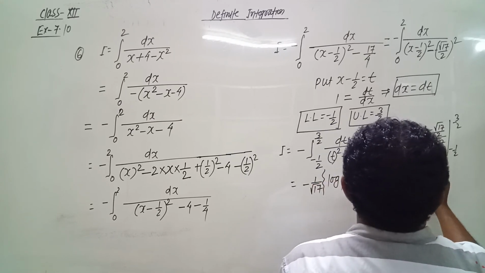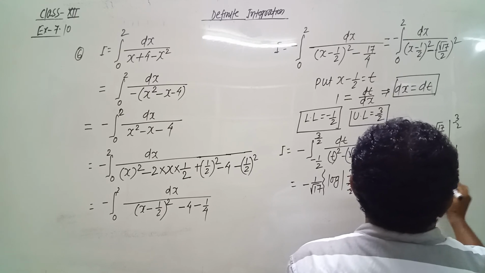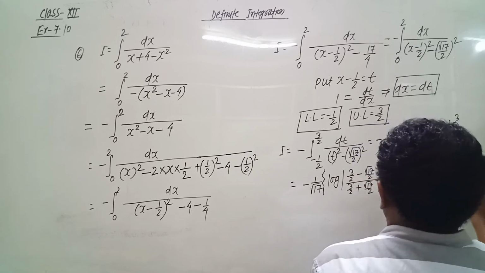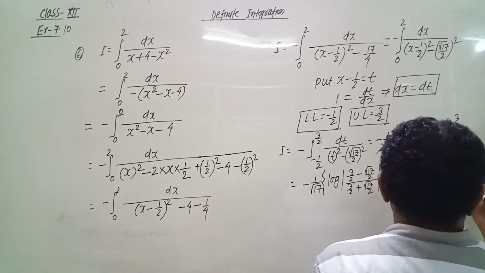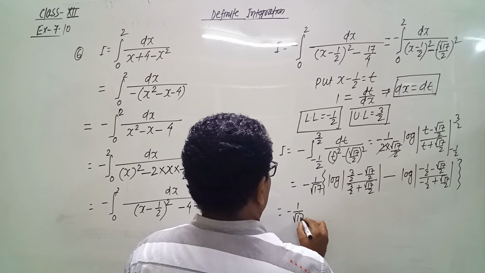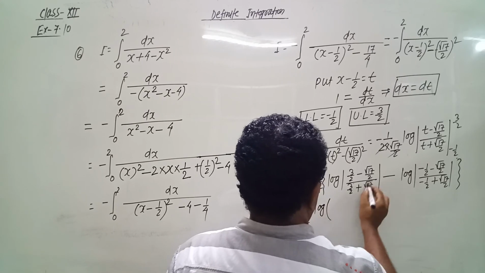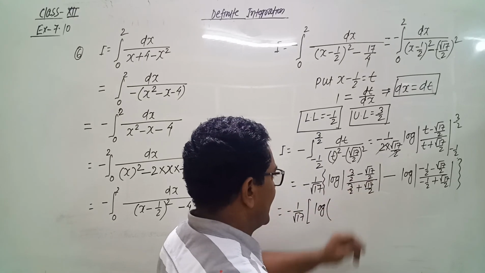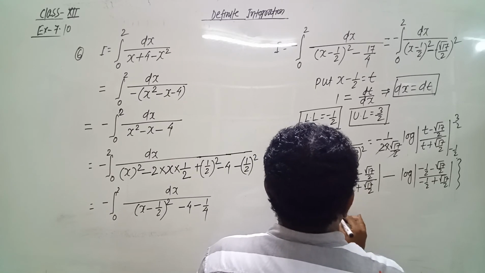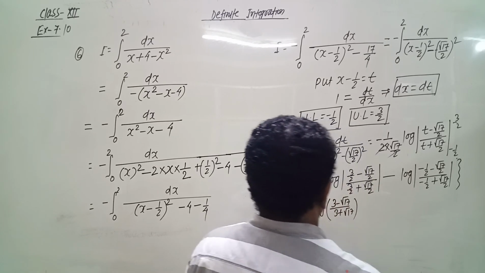So log of minus 1 by 2 minus root 17 by 2 upon minus 1 by 2 plus root 17 by 2. Then this becomes minus 1 by root 17 and log. Taking LCM, 2 is the LCM. So 3 minus root 17 upon 3 plus root 17, and the 2 which is the LCM we have taken gets cancelled.